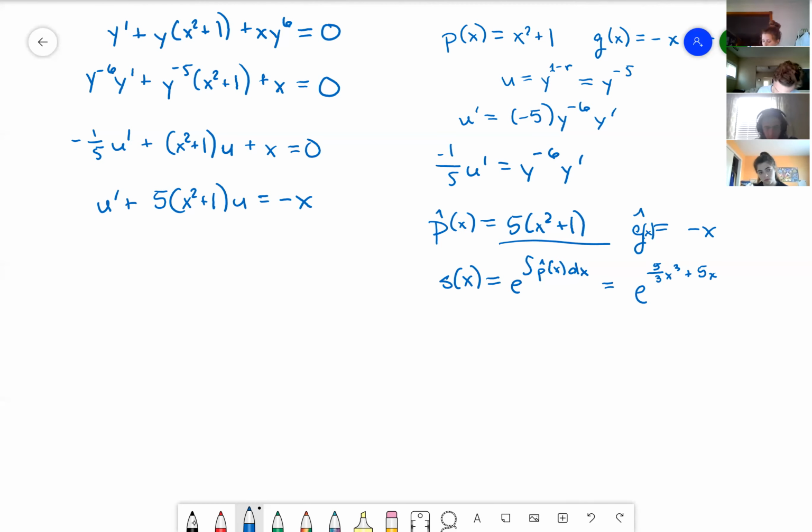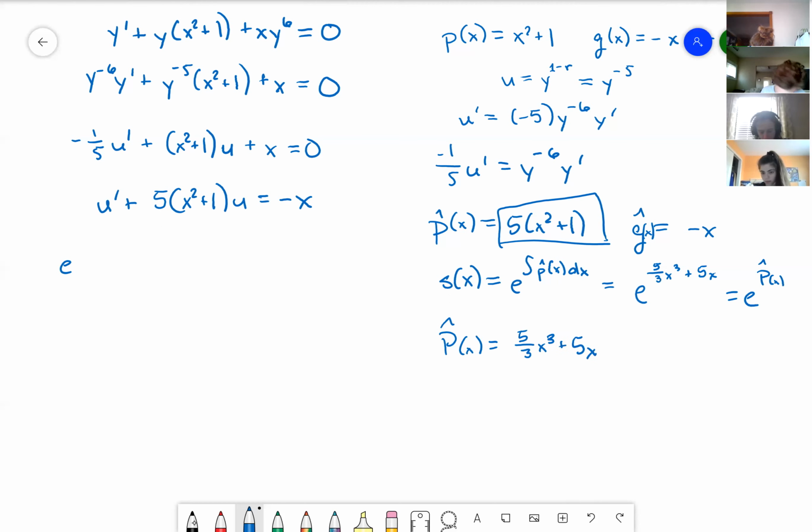And so if we multiply through by that, we get e to the, I'm just going to write this as e to the capital P of x, which is an antiderivative of this thing, 5/3 x cubed plus 5x, just so it's easier to write.